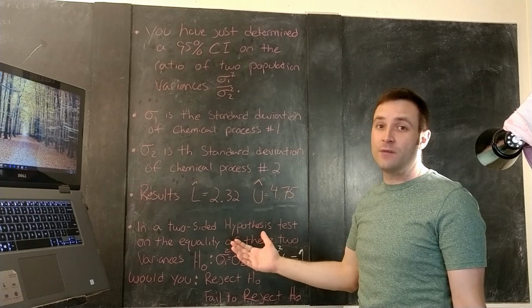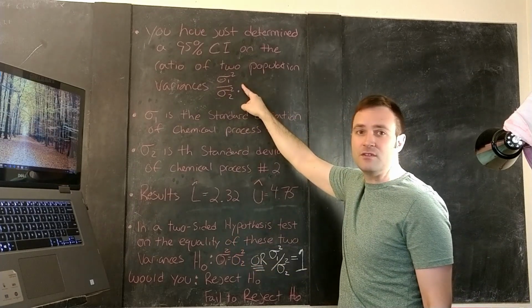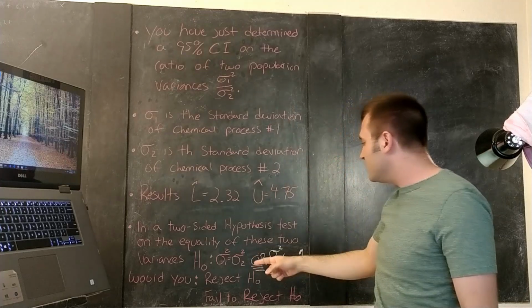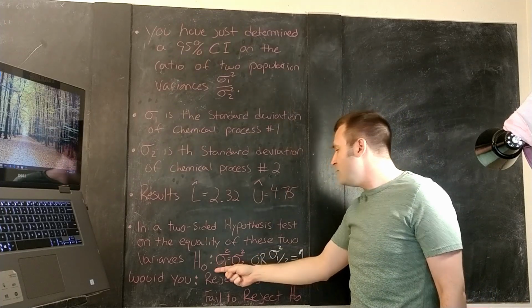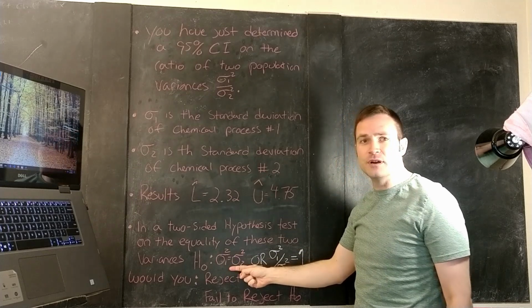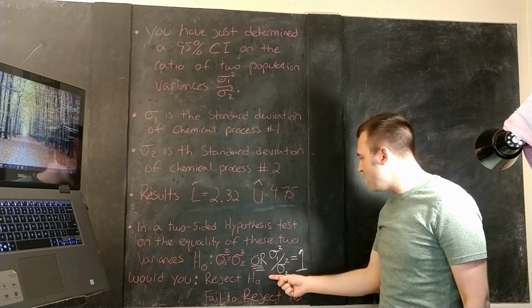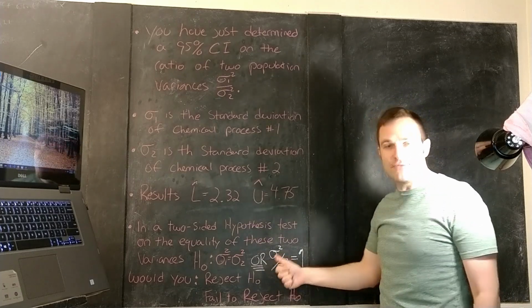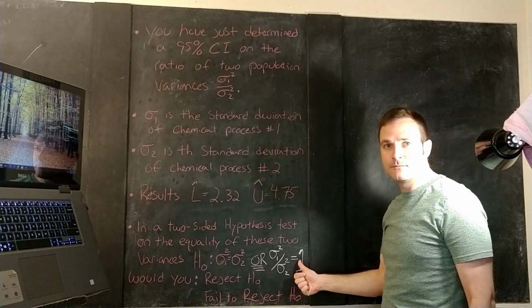What's the parameter that I'm looking for? Well, the parameter that I'm looking for is the ratio between the two variances. My null hypothesis is that my population 1 variance equals my population 2 variance. Well, if I rewrite that null hypothesis to that ratio, then if they're equal, then that parameter value is going to be 1.